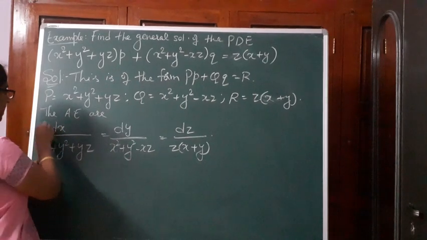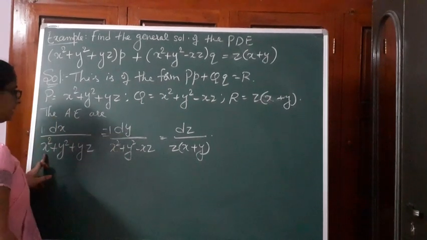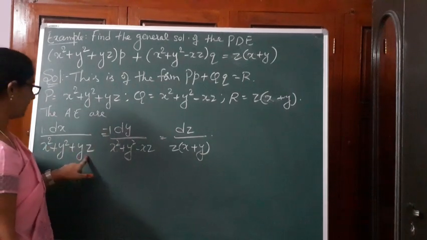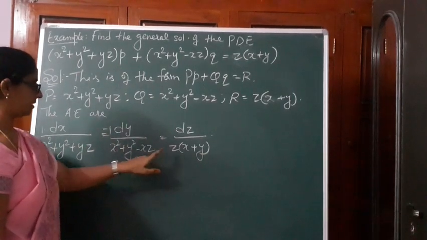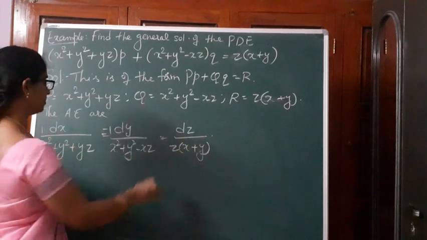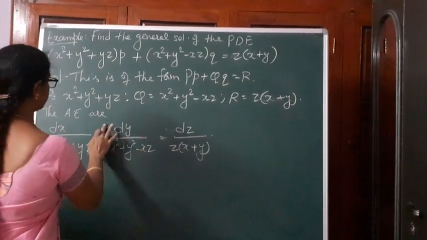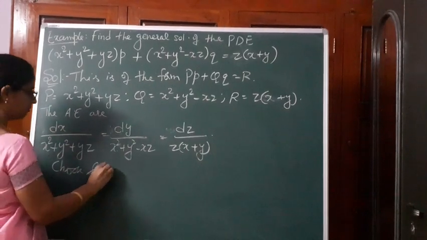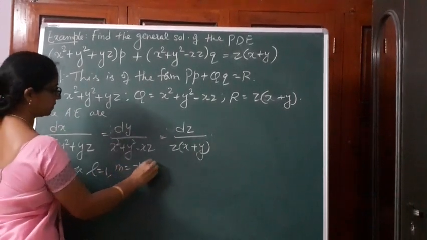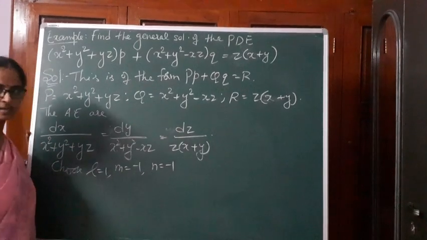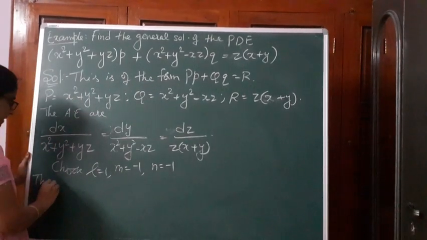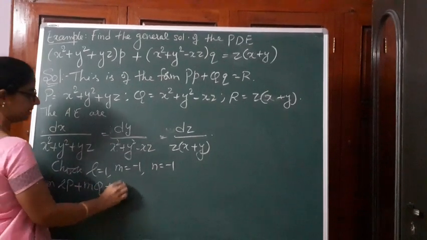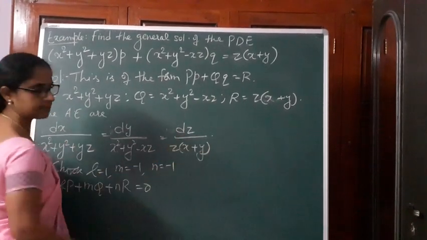So if we take 1 and minus 1 here, x square, y square cancels. We have yz here, xz here. So we take minus 1 here. So we choose multipliers L is equal to 1, M is equal to minus 1 and N is equal to minus 1. Then we get LP plus MQ plus NR is equal to 0, as you can observe.